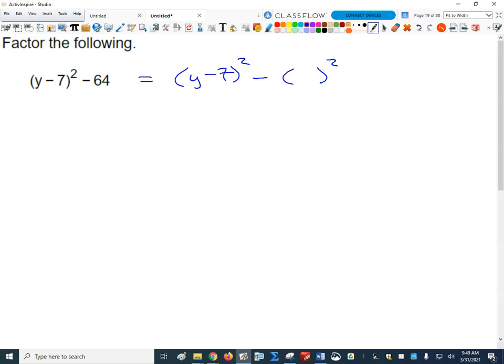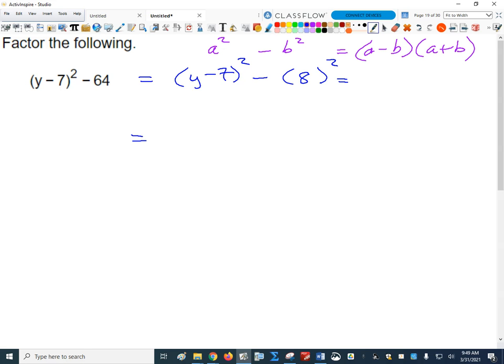And the something that's being squared there is obviously an 8, right? So what's this one going to factor into then? So let's follow our pattern here. We've got our pattern of A squared minus B squared equals A minus B times A plus B.